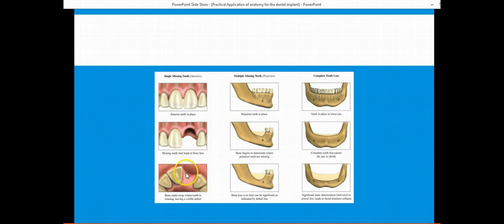You're also starting to see the concavity on the buccal part, which makes it challenging. Obviously, in the back, if there is no tooth there and no loading, you will start losing bone height. And that same mental foramen that was down is now slowly creeping up, making it almost impossible to put the implant in. Same thing with the inferior alveolar nerve, same thing on the mandible.